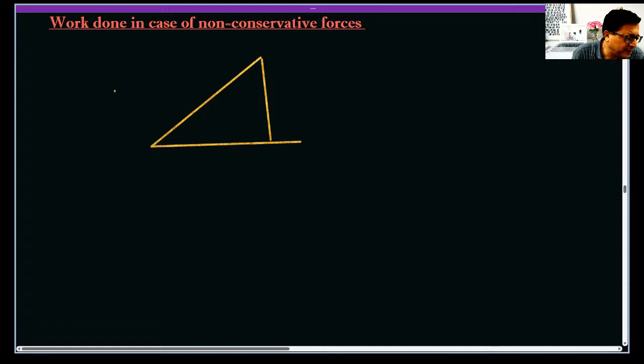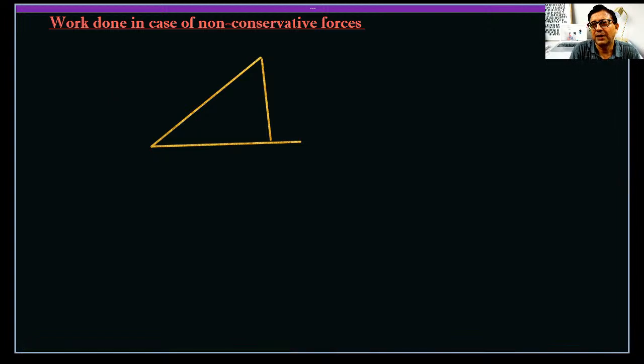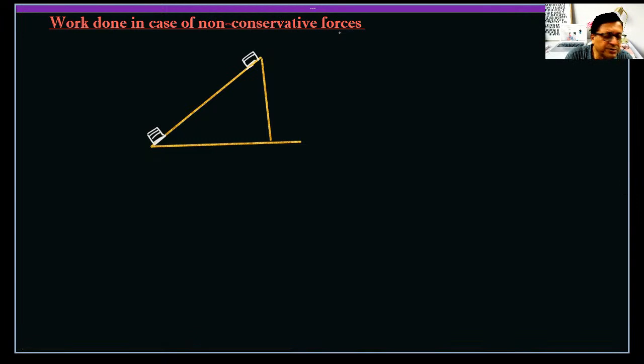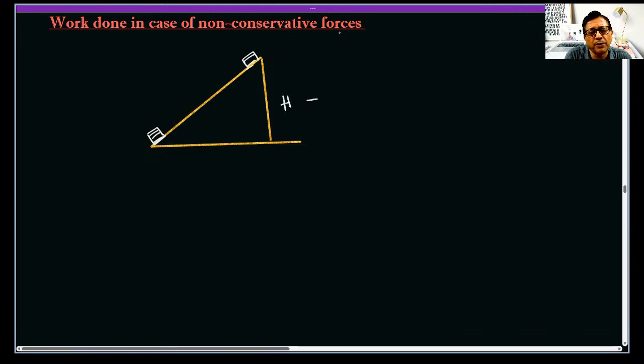Your problem is to find the work done to move an object up the inclined plane from bottom of the incline to the top. I am writing the question. Just explain the situation first. The height of the top of the incline is given as 10 meter. Coefficient of friction is given to be 0.40.